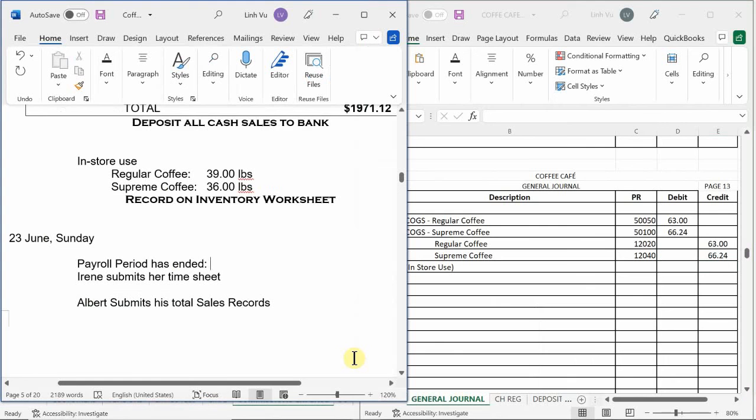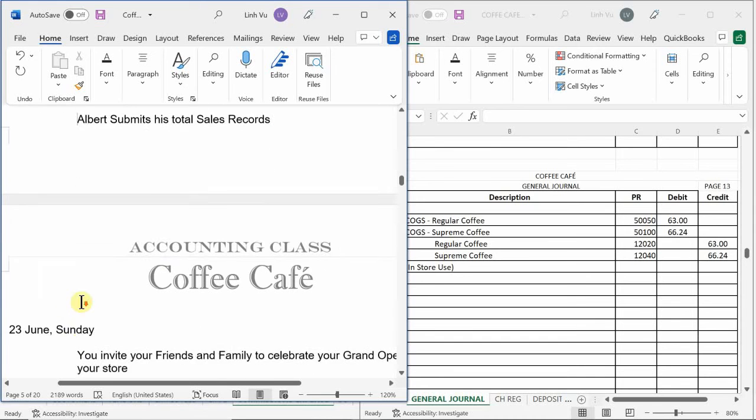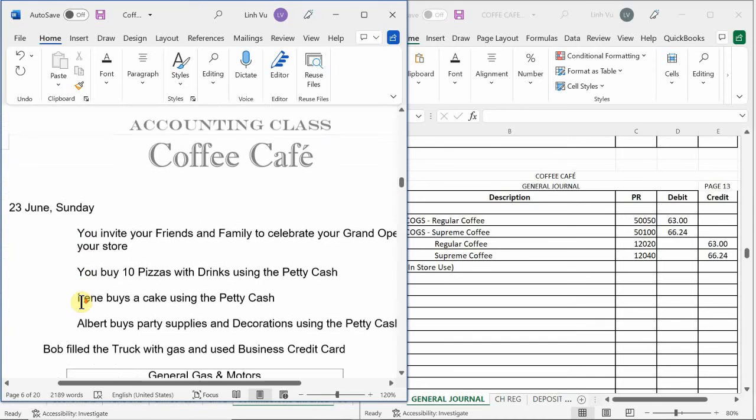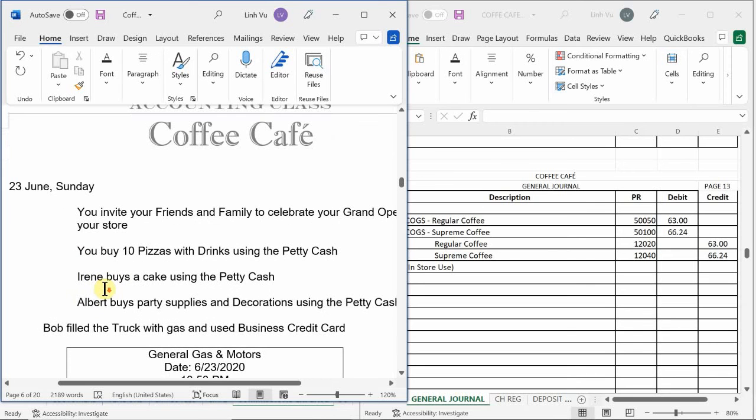And then Irene, well, we haven't seen her timesheet yet, so in this case, all she did was submit to us. We'll see when we do the actual payroll how many hours she has worked. Okay. And then let's see. 23rd of June, you invited your friends and family to celebrate your grand opening for your store.